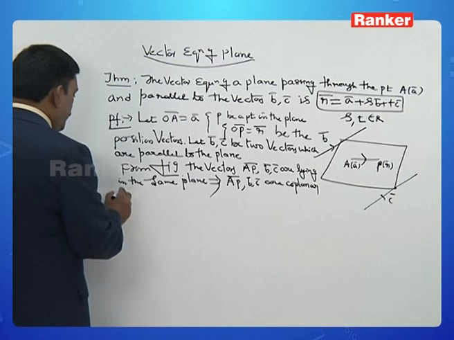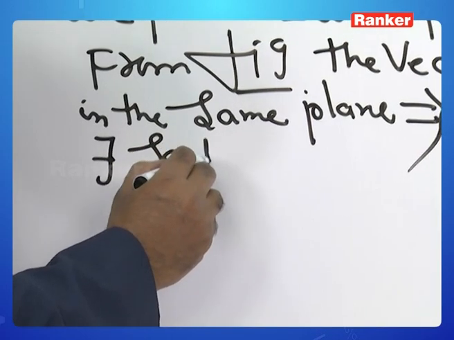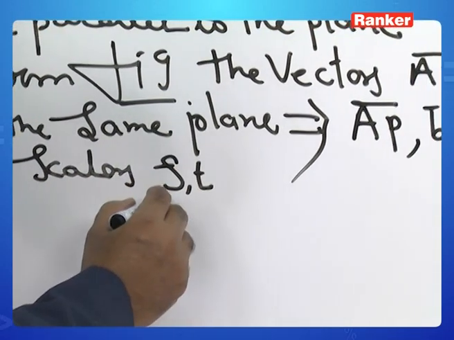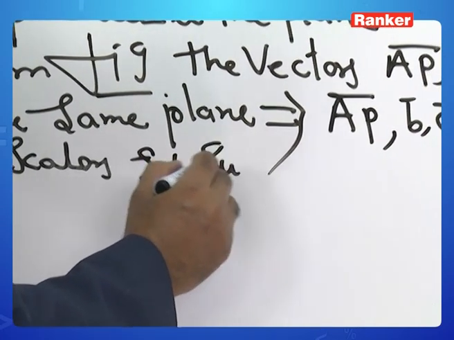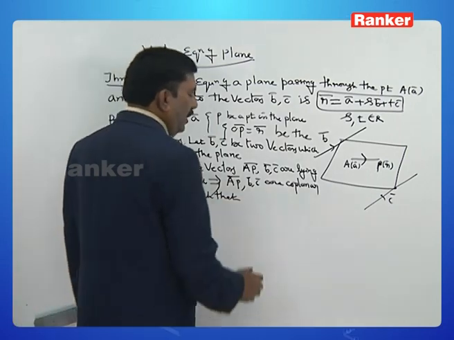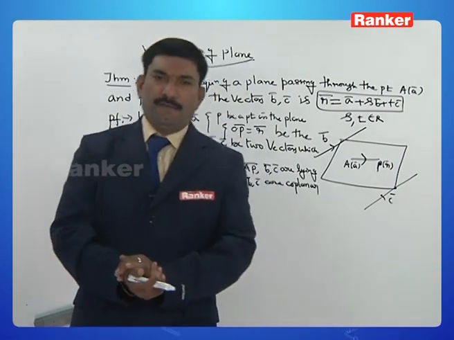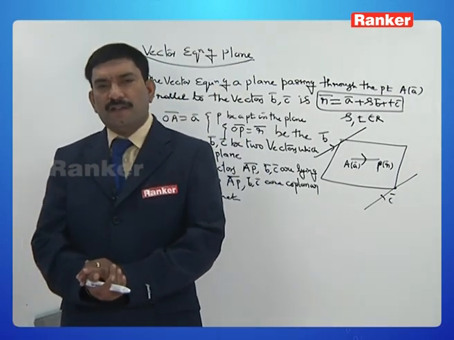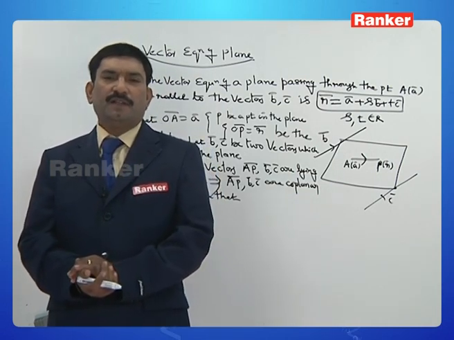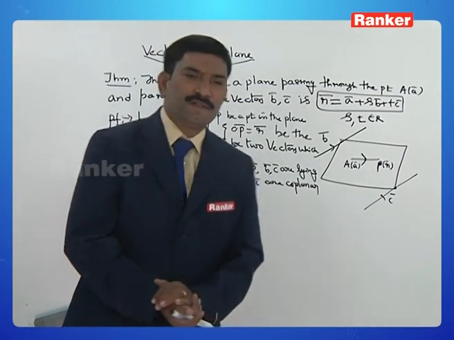There exist scalars S, T such that, whenever any three vectors are coplanar, one vector can be expressed as a linear combination of the remaining vectors.